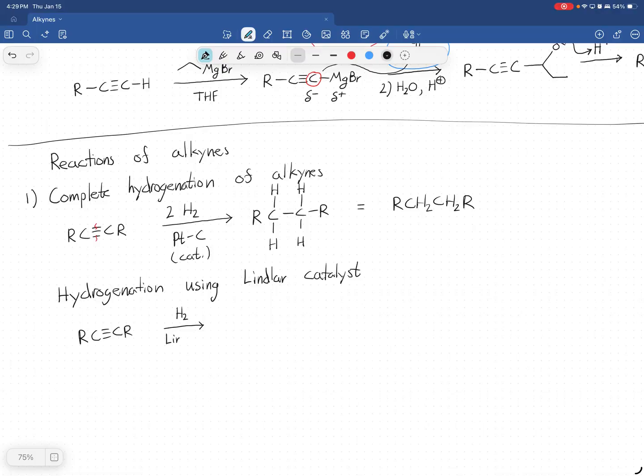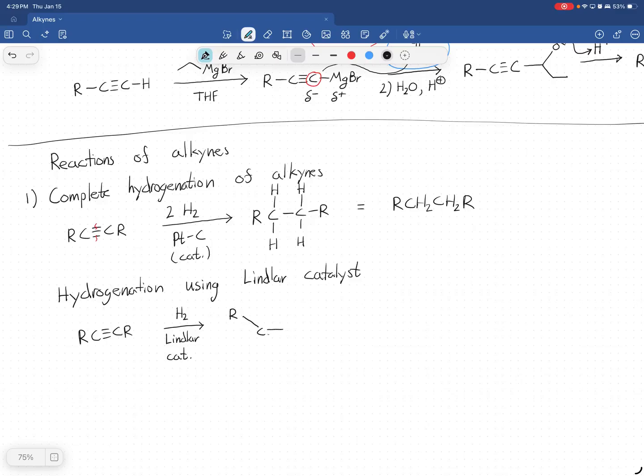Okay. So I'll probably say Lindlar catalyst. If it says that, you can assume, okay, this catalyst is going to do something specific. It will stop at the alkene.